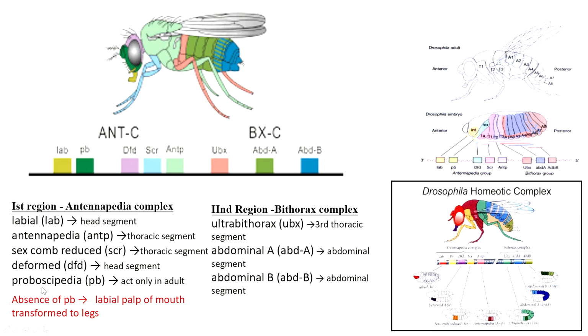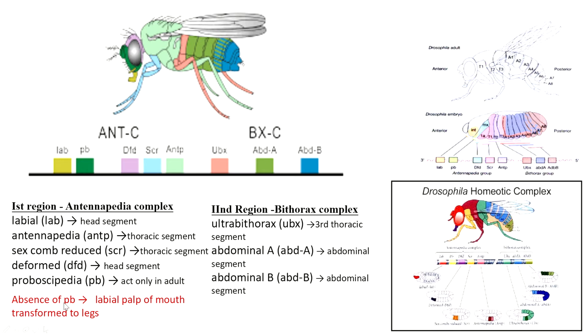And one more is proboscipedia. This acts only at the time of adulthood. And this is also one of the parts of the head region. So 3 different genes are responsible for the formation of the head regions or the structures present on the head.